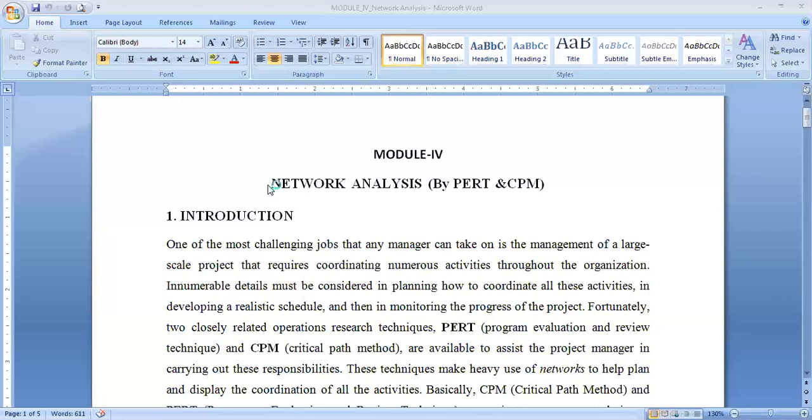The project means what? It is a cluster, a group of activities which are interrelated to each other, and the completion of each activity based on their sequence, based on their dependency, will make the successful completion of the project.